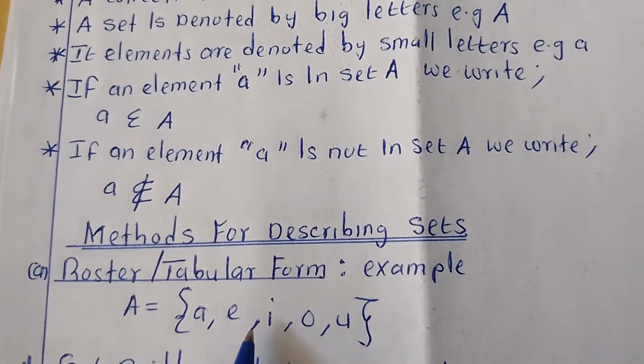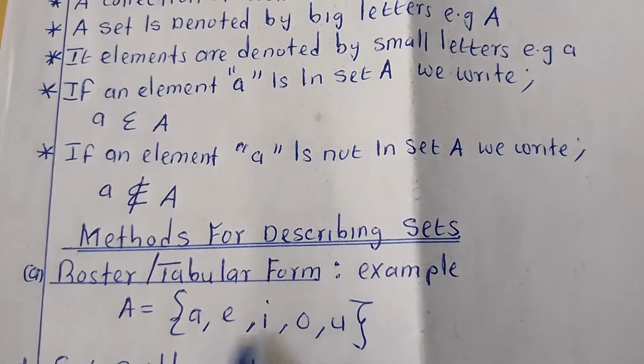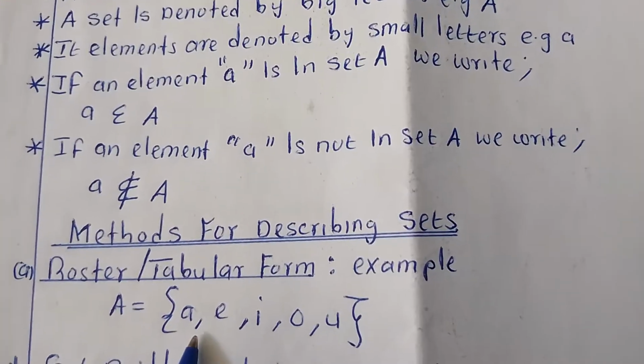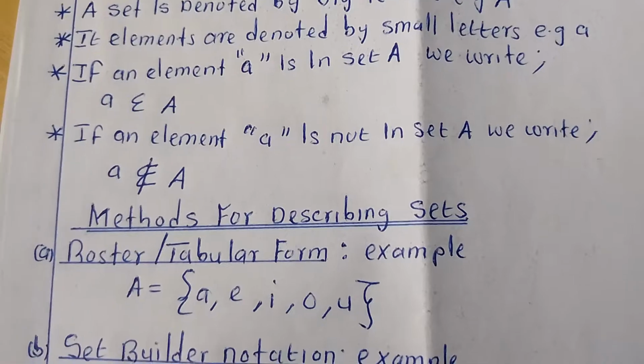They are well defined in such a manner. As we can see, we've got the vowels, and these vowels are separated by commas. This is what we call the roster tabular method.